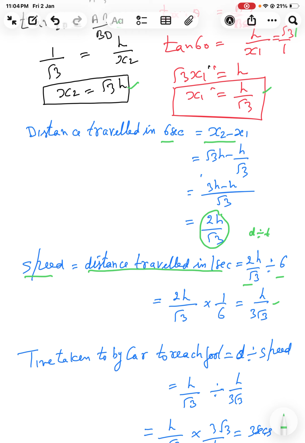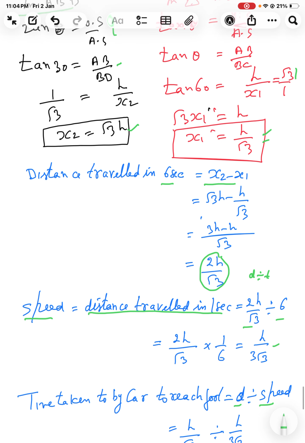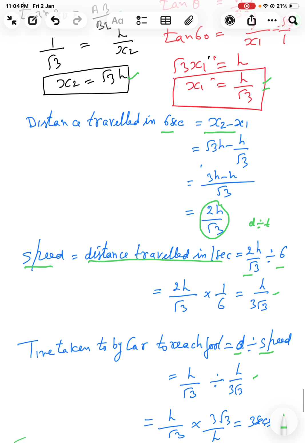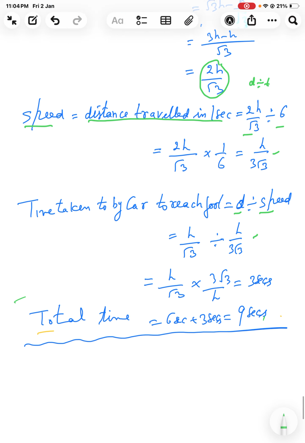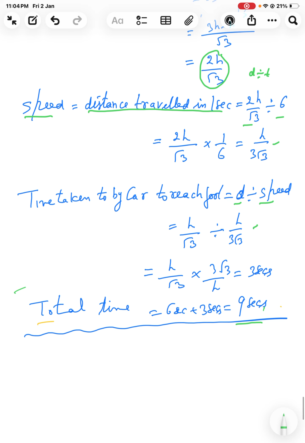Now the time taken by the car to travel to the foot of the tower is distance divided by speed. Distance is h upon root 3 divided by speed. The answer is 3 seconds. Then total time is 6 seconds plus 3 seconds equal to 9 seconds.